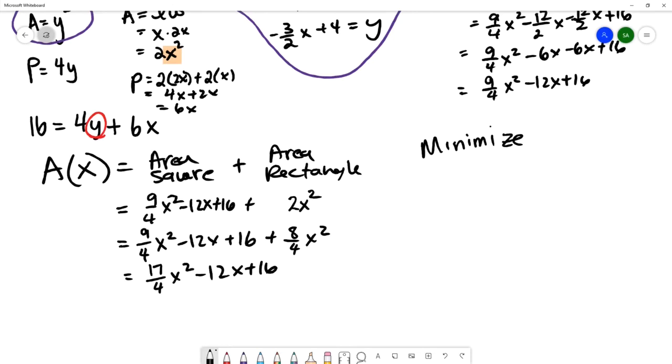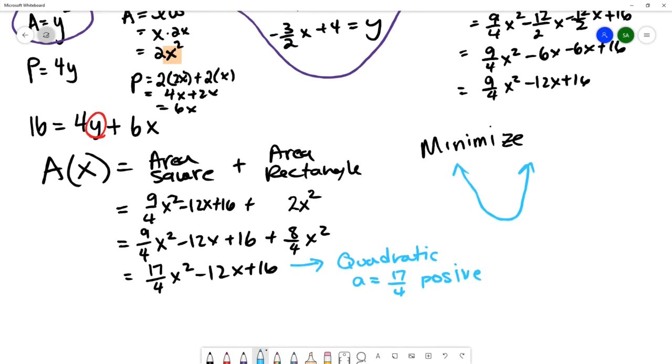So you can see here that our area function is a quadratic. If we look at the value of a, it's 17/4, which is positive. And when we have a positive value of a, the graph of our quadratic is an up-facing parabola, and the min will occur at the vertex.